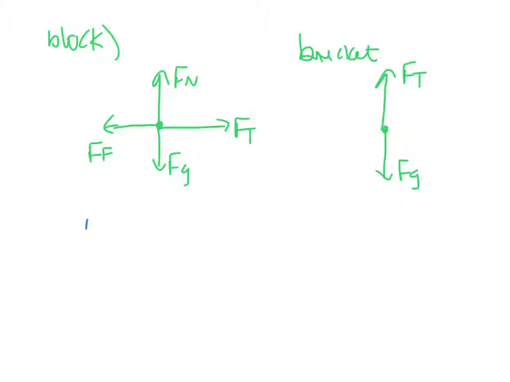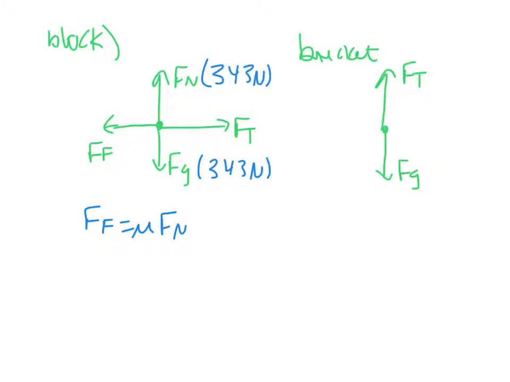We know that frictional force is equal to mu Fn. For the block, our normal force equals Fg, and Fg is just 35 times 9.8. So this Fg is equal to 343 newtons, which means that the normal force is also equal to 343 newtons.